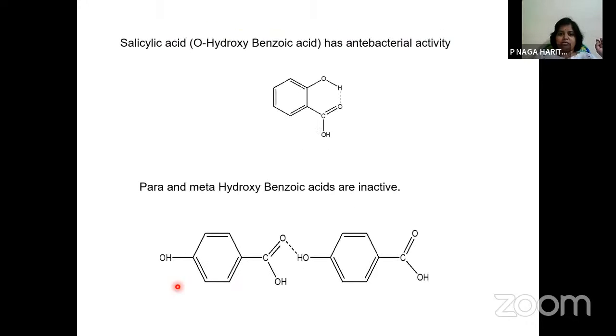Another example we have here is salicylic acid. Initially, it has antibacterial activity, but when it forms the hydrogen bond, it becomes inactive, as with the para and meta hydroxybenzoic acids.